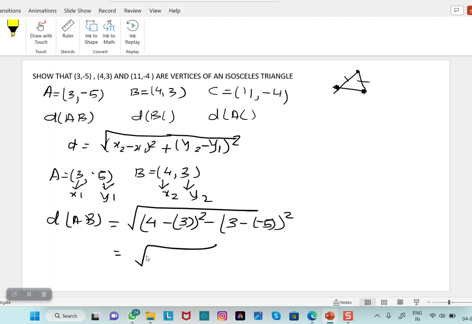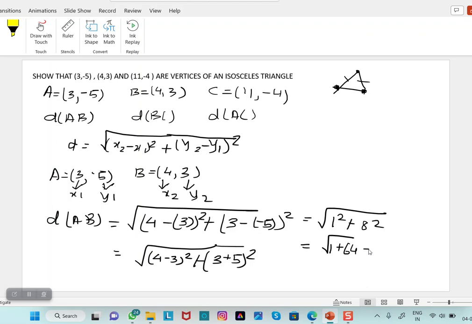So we get (4 minus 3) the whole square plus (3 plus 5) the whole square, minus minus becomes plus. Then we get 1 square plus 8 square, and the formula has plus in between. So we get root of 1 plus 64, which is root 65. This is distance AB.